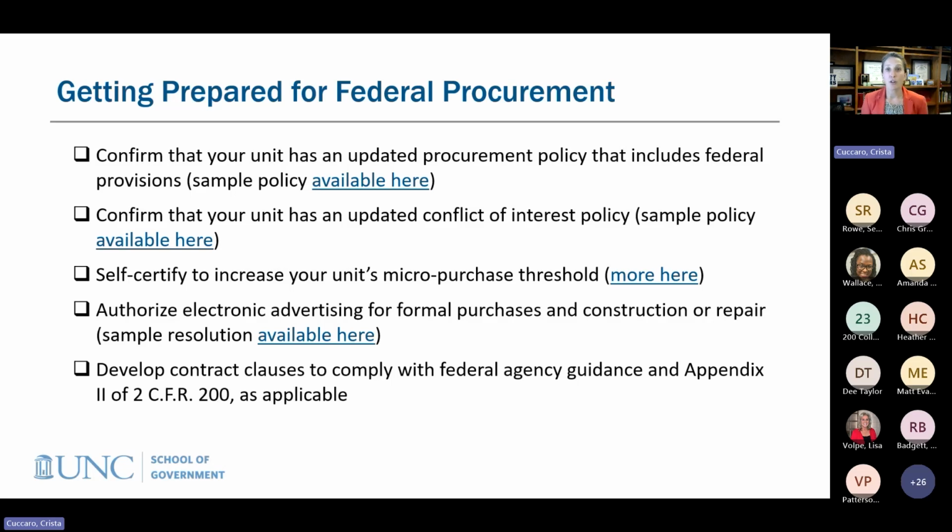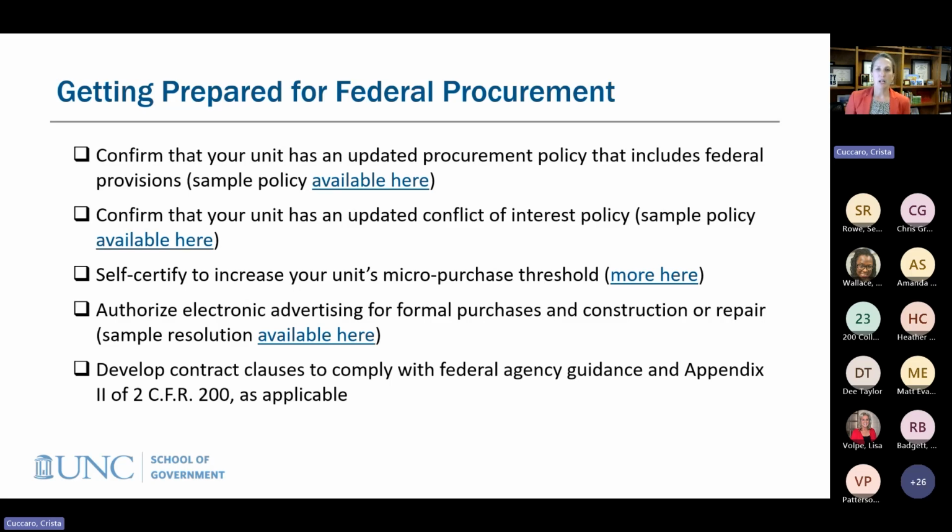You may want to authorize electronic advertising for formal purchases in construction or repair, which is going to save you some effort in advertising. You can advertise on your website, on the electronic vendor portal, and lots of other places in lieu of newspaper advertising.